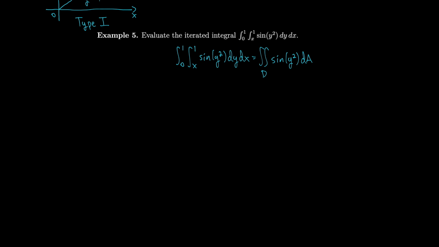So now the question is, what is D? Well, as usual, we have to draw it. So here we go. And it looks like we've got y going from y equals x to y equals 1. So here's y equals x, and here's y equals 1.